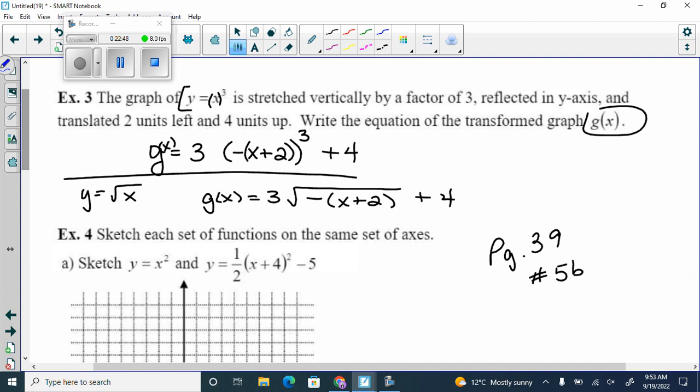Number 5b, 6cd, 7df, 8b, 9ef. That's 1, 2, 3, 4, 5, 6, 7, 8.